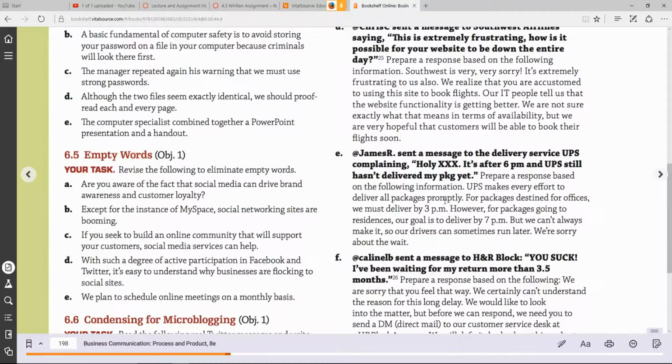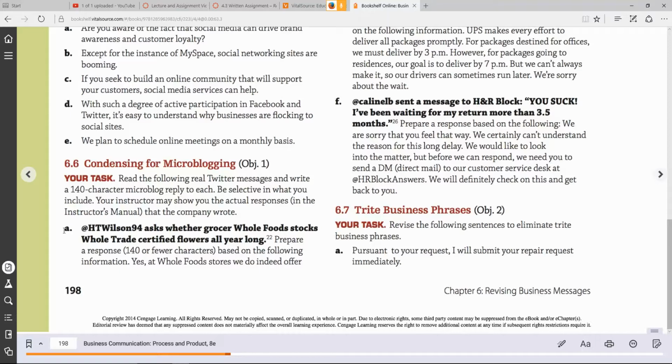Okay, 6.6. Again, you're supposed to do what it says in the book. Condensing for microblogging: read the following real Twitter messages and write 140 characters. That's spaces, letters, periods, everything. Be selective in what you include.